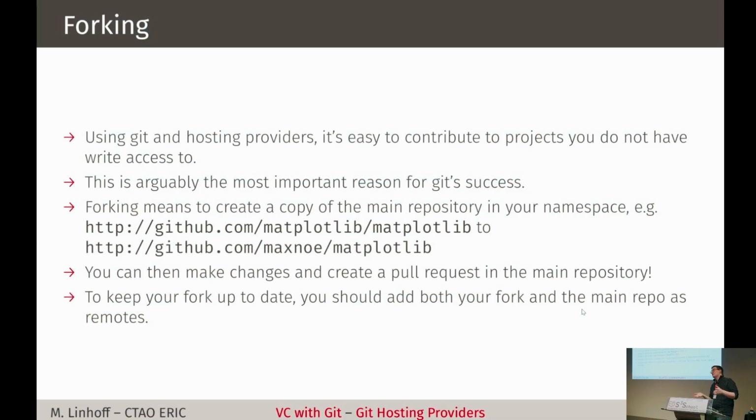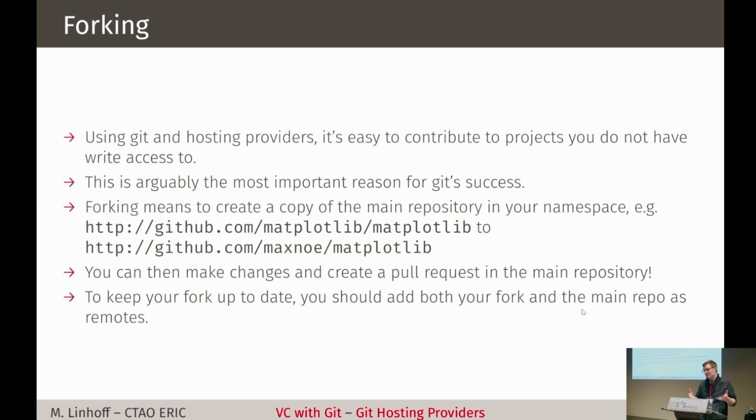And now I said that all of these popular open source projects are nowadays developed in Git and most of them on GitHub. But that doesn't really help you if you want to make changes, because if you try to clone matplotlib from GitHub, you change something and you push, it will just say permission denied, because you don't have the right to push to the matplotlib repository.